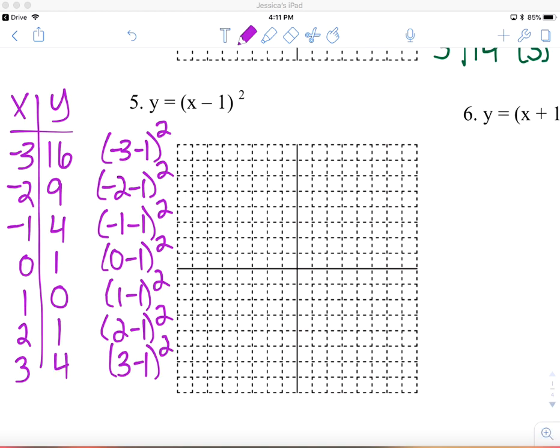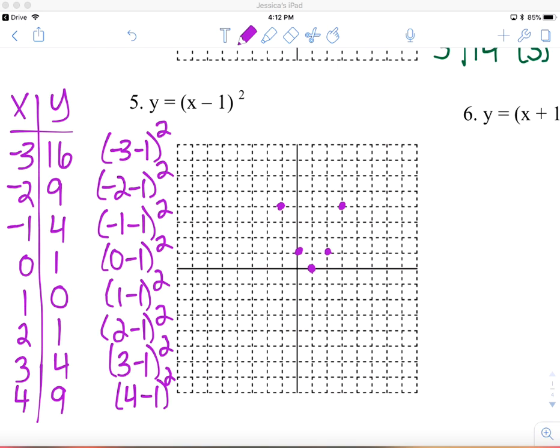2 squared is 4. And we're actually going to do one more. Plug in 4. 4 minus 1 is 3. 3 squared is 9. So go ahead and pause the video if you need to plot your points. We have 3, 4, negative 1, 4.